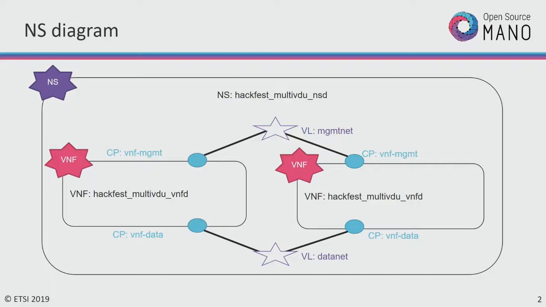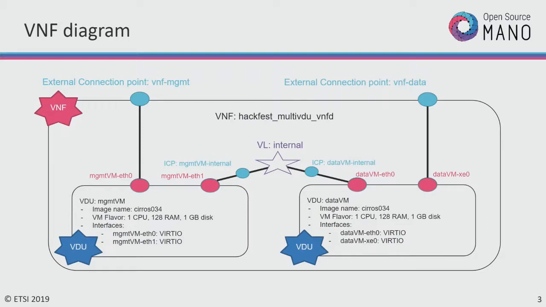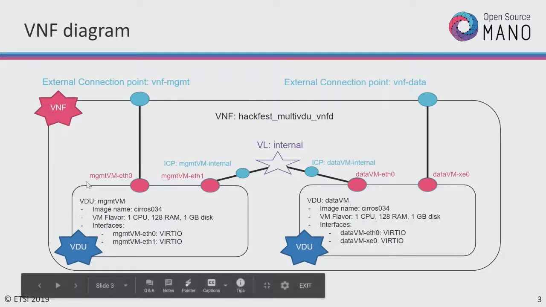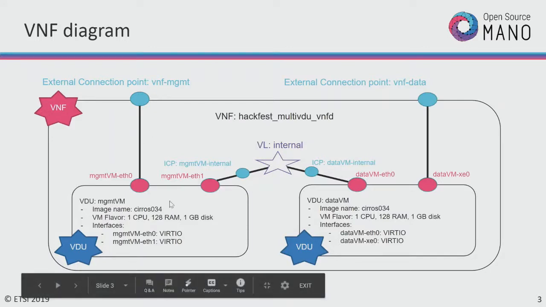Yeah, it's okay. So let's continue with the VNF diagram. In this VNF diagram, we are going to use 2 VDUs, and those VDUs are connected internally. For this reason, we are going to use the internal connection point, and we create an internal virtual link. Also, each VNF has 2 interfaces.